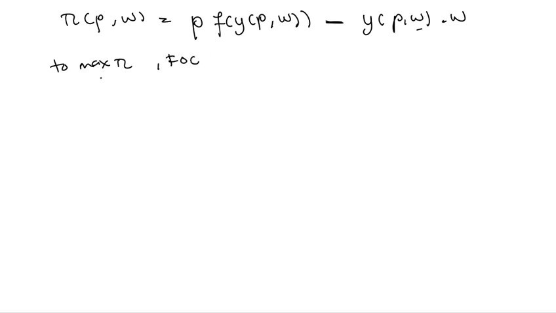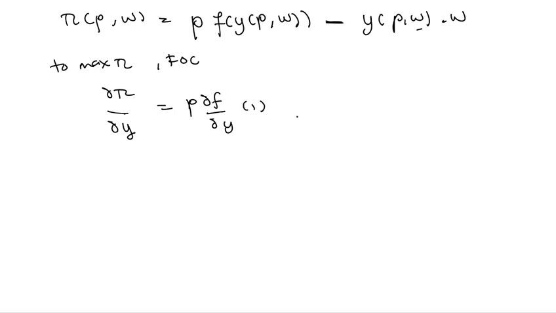How to find the first order condition? Differentiate the profit function, in this case, with respect to the quantity of input. So here, price is a constant, leave it there, delta F over delta Y, and then the derivative of Y itself is 1.